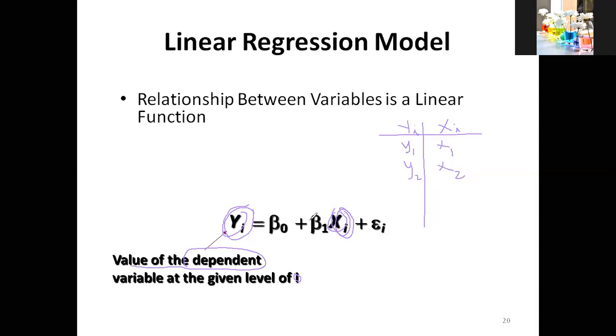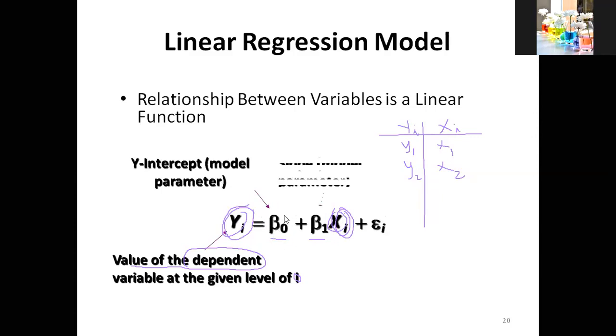Then beta naught and beta 1 are called parameters. Beta naught is called the intercept parameter. This is one of the model parameters. The second model parameter is beta 1, which is the slope parameter.